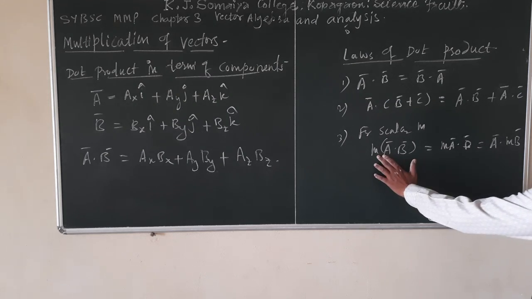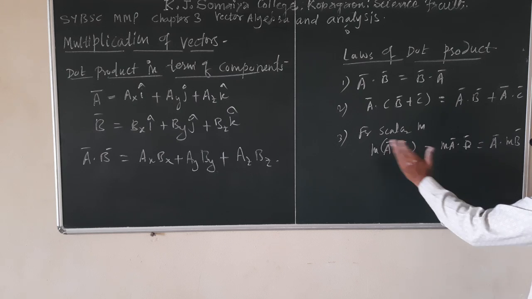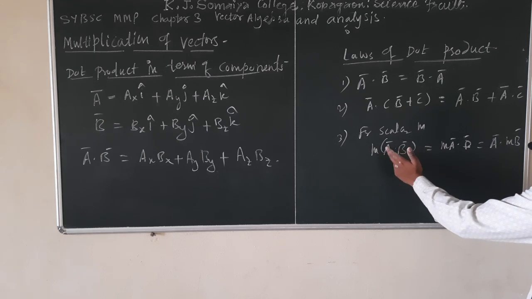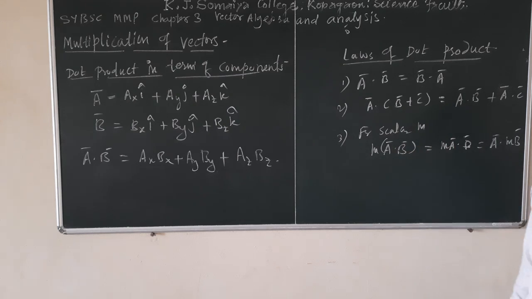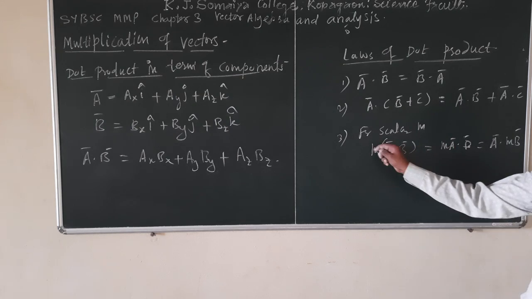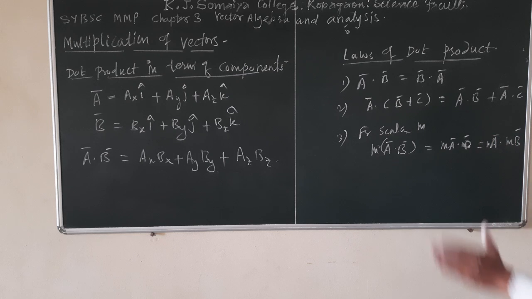That scalar must be multiplied to either of these two vectors. You can multiply to this vector or this vector. Do not multiply m to this vector and this vector. That will become m square. Okay, these are the laws of dot product.